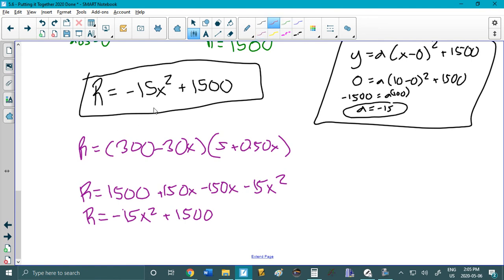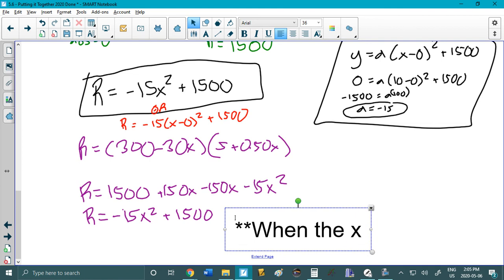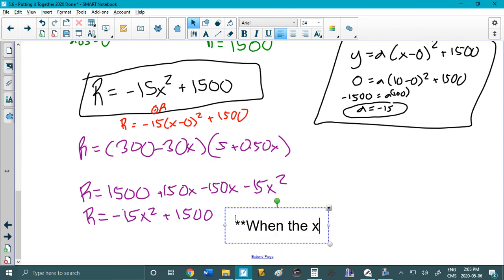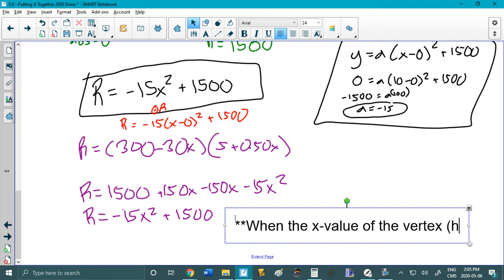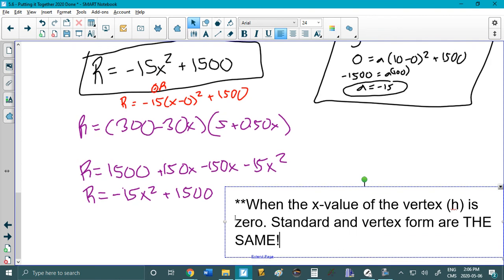So remember, you could also say here, r equals negative 15 x minus 0 squared plus 1500. I'm going to put an important little note here. When the x value of the vertex, or h, is 0, standard and vertex form are the same.